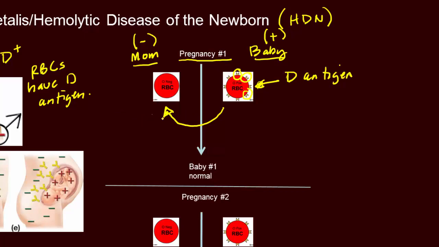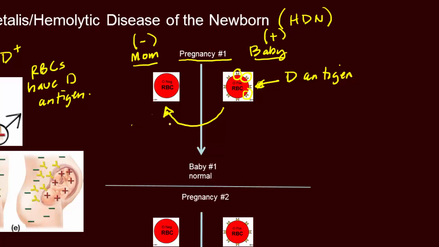Mom will see that D antigen as being a foreign antigen that she has never seen before because she doesn't have the antigen. As a result of seeing that D antigen and thinking it's foreign, mom's immune system can start making antibodies against the antigen. She doesn't have the antibodies to begin with, but she can start to make them.